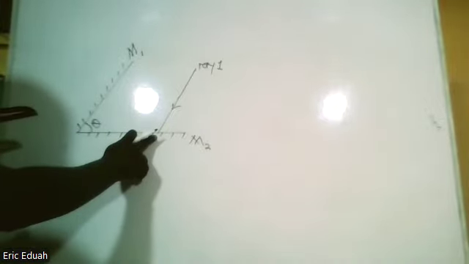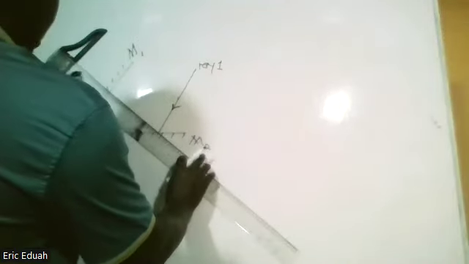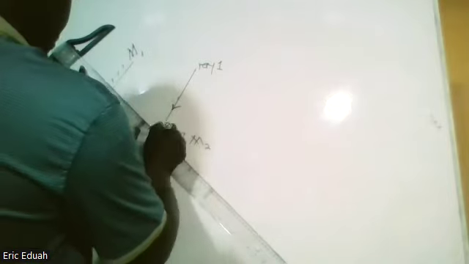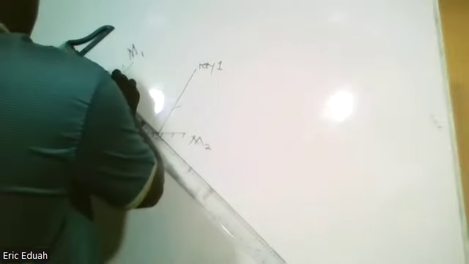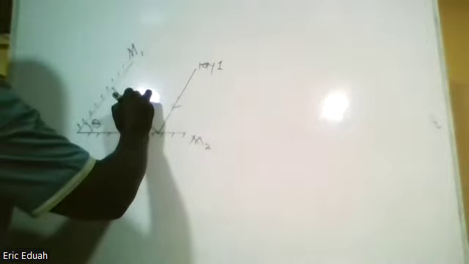And rays must be indicated by arrows. So this ray is parallel to M1. It's incident on M2, and after two reflections, so reflection 1, after striking, this is a ray.